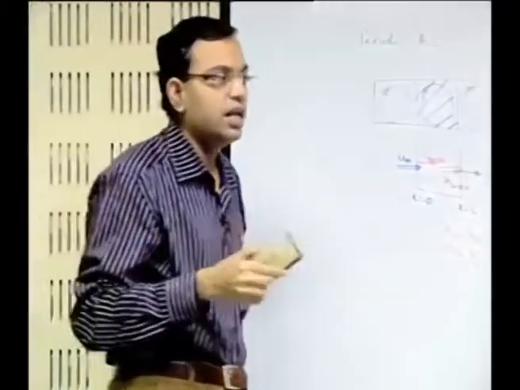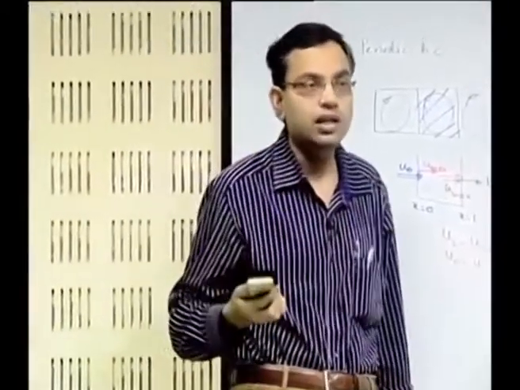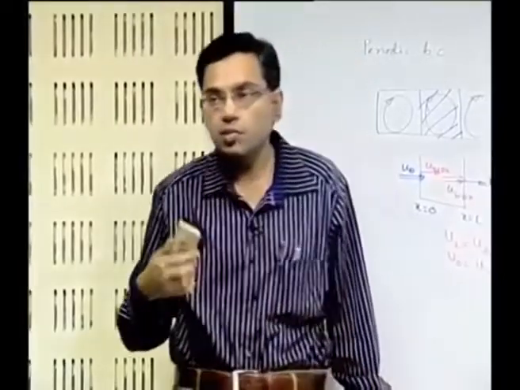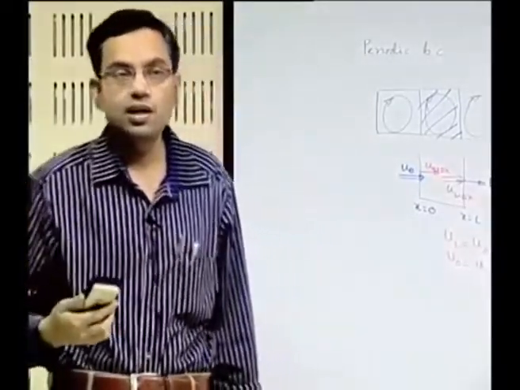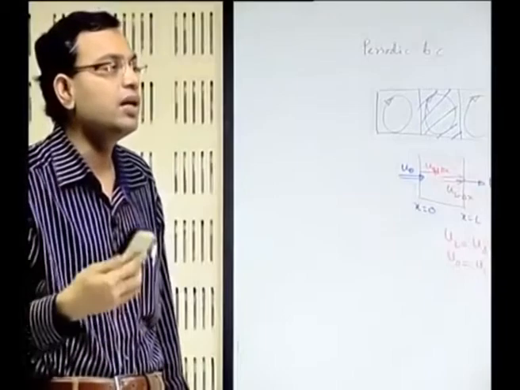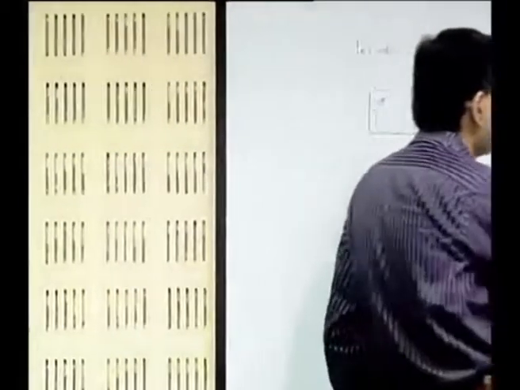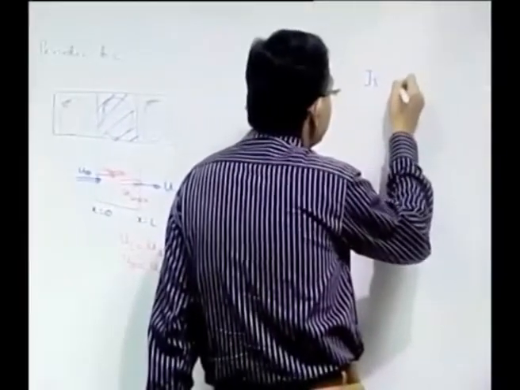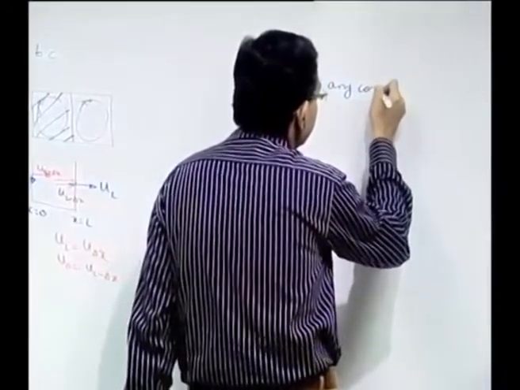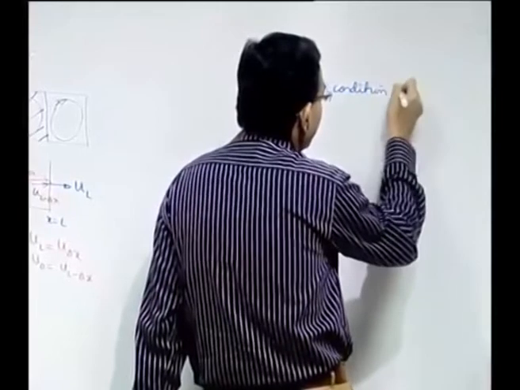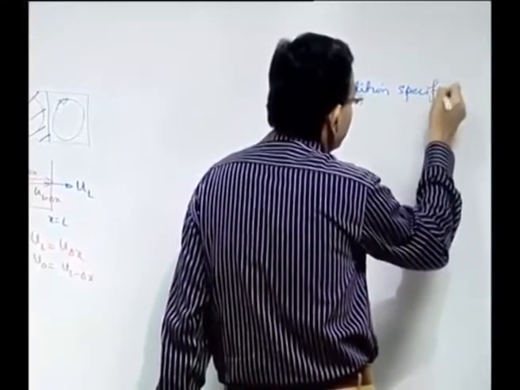Boundary condition of course is a collection of two English words. So sometimes it is a misnomer, because you feel that any condition you specify at the boundary could be a boundary condition. So let us try to answer this question. Is any condition specified at the boundary a boundary condition?